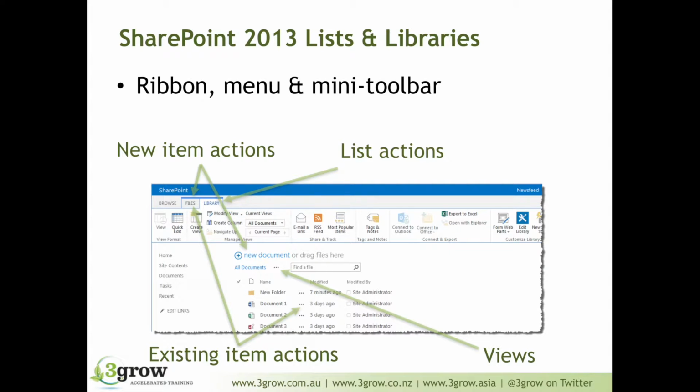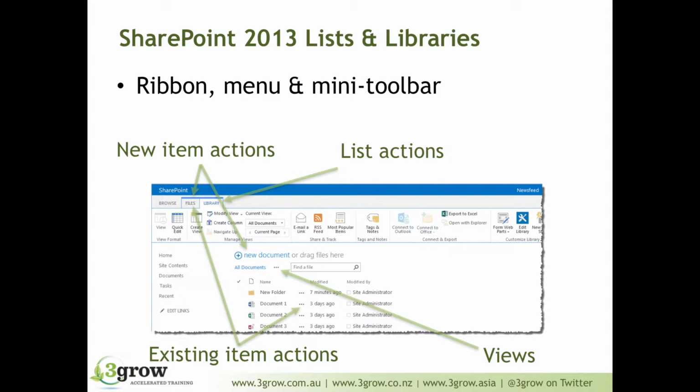You'll also notice that the views moved from the breadcrumb trail down to that little set of ellipses, where we can access additional views or creating views. We still, of course, have the individual item menus as well, also available via these ellipses, which seem to replace drop-down menus in SharePoint 2013 in a few different areas.